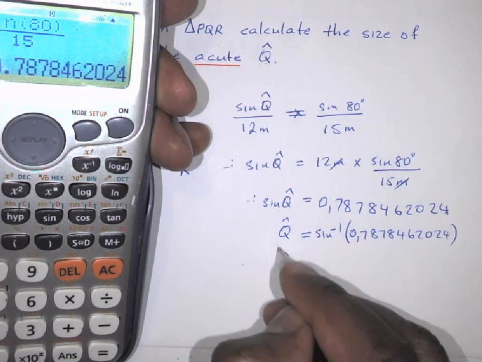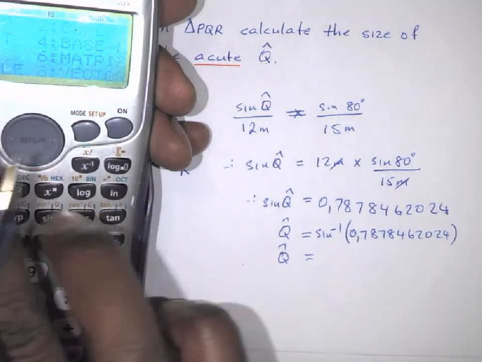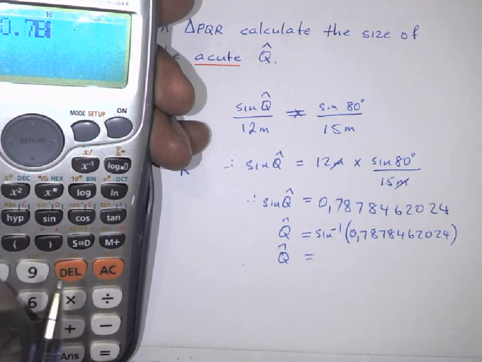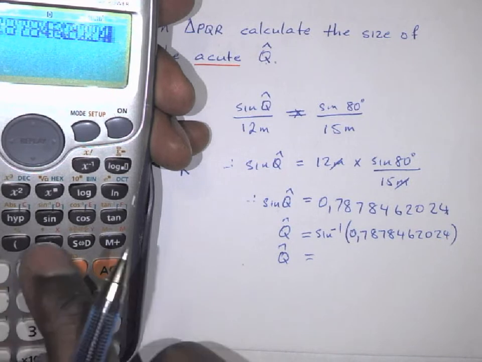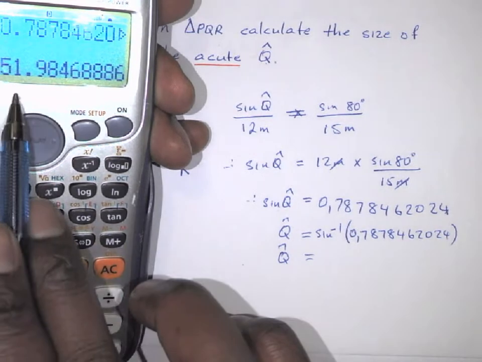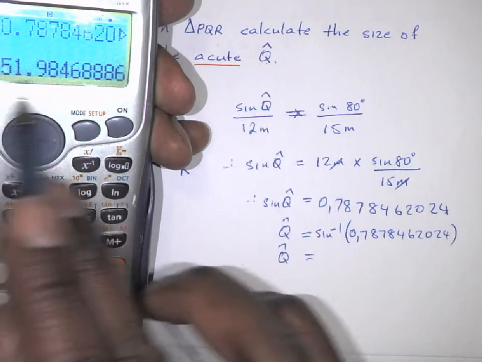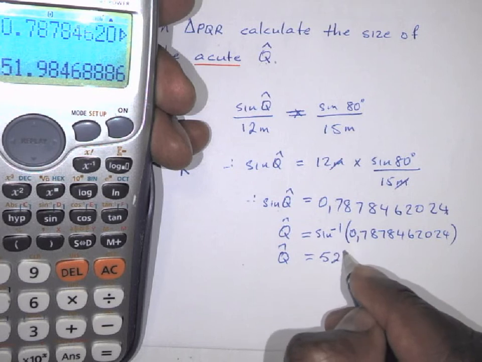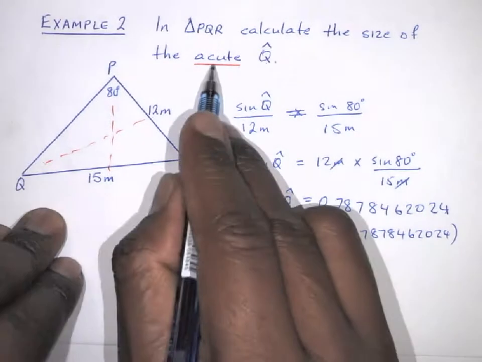So angle Q is equal to, if I go to my calculator, go shift, then 0.7878462024, close there, I get an answer of 51.98. If I round off this number, I get 52 degrees. So angle Q is 52 degrees, and it is an acute angle.